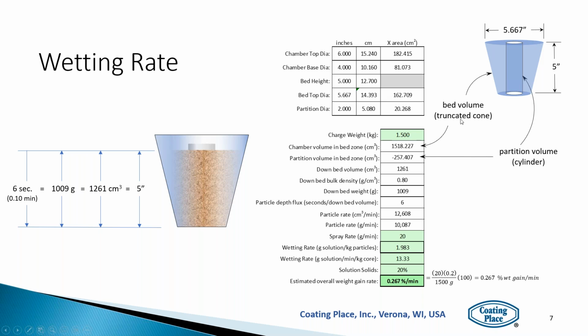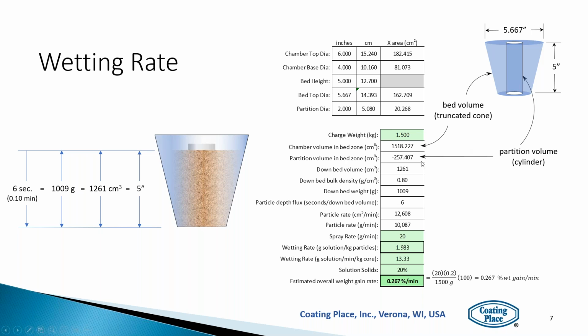So you calculate some of these things looking at the volume of that outer bed, and we find that the volume of a truncated cone with that 5.7 and 4 inch diameter on each end comes up to about 1,500 grams or milliliters of volume there.